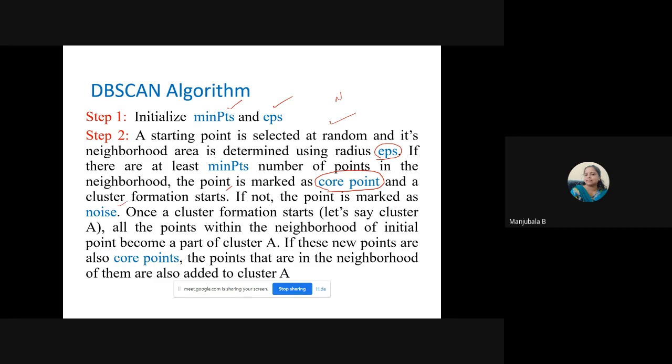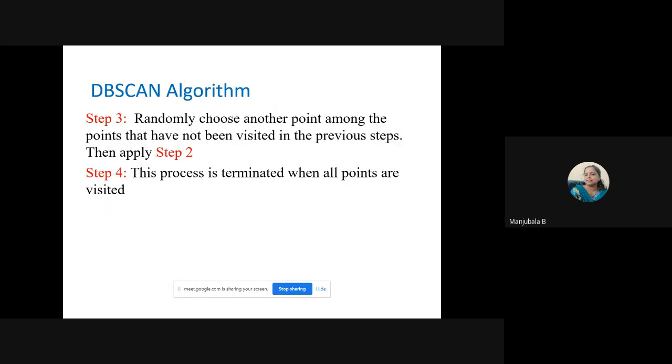Okay. So once a cluster formation starts, we are forming a cluster with the core point. What we have to do, all the points neighboring to that core point, they will become part of that cluster. Okay. So if these new points are also core points, again you have to find the neighbors of those core points, and they will be added to the cluster A. So this process you have to repeat until all the neighborhood points of the core points are added to that cluster, right?